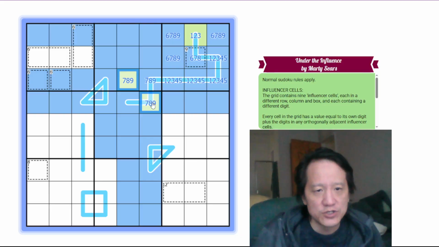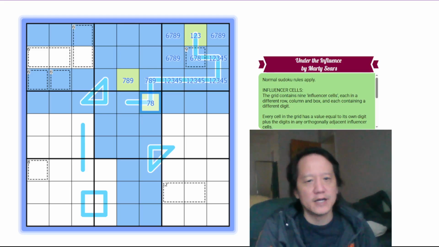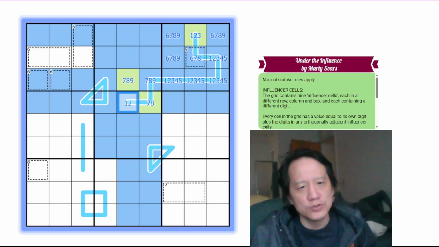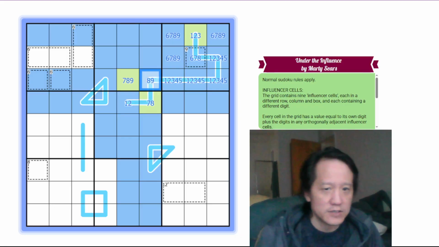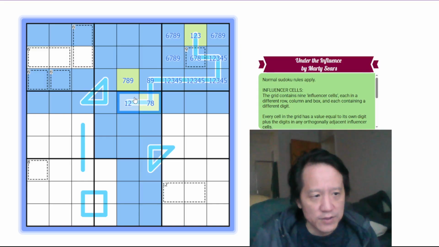So this digit is once, this digit's twice, and then this digit is once. So these 2 digits must equal that digit. So this cannot be 9, so this is 1 or 2, I believe, right? It could be 1, and this can't be 7, because this digit has to be greater than these 2.